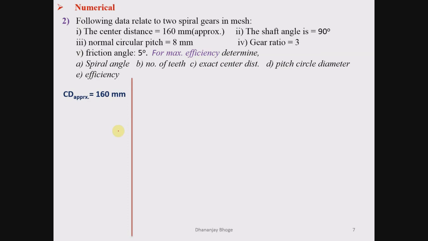Shaft angle is 90 degrees, so theta is equal to 90 degrees. Normal circular pitch is 8 millimeters and gear ratio is 3. So G is 3 and Pn is 8 mm. Friction angle is 5, so phi is 5.